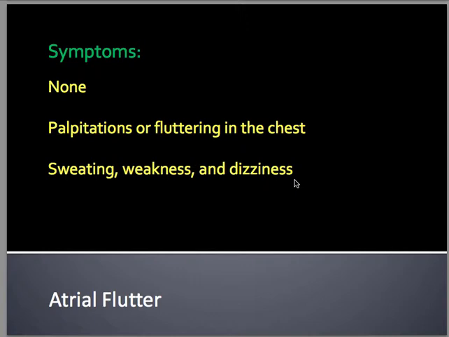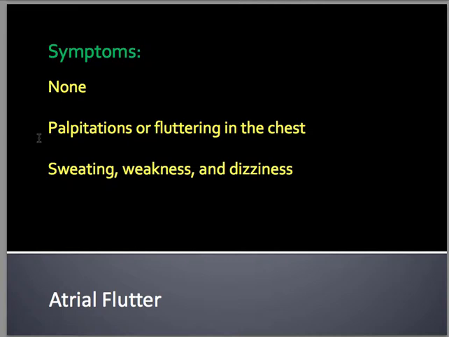Let's talk about symptoms. If the ventricular rate is not very fast, patients may not feel anything. Unless you do an electrocardiogram, you may not realize that you are having atrial flutter. However, if the ventricular rate is very fast, in the range of 130 to 150, then you may experience palpitations or fluttering in the chest.